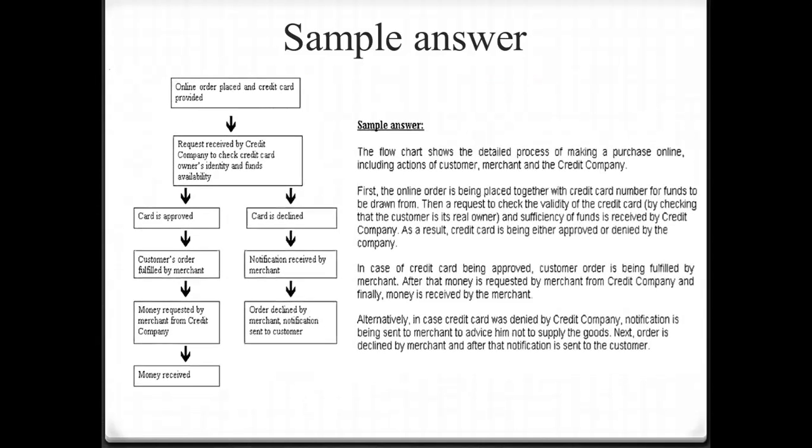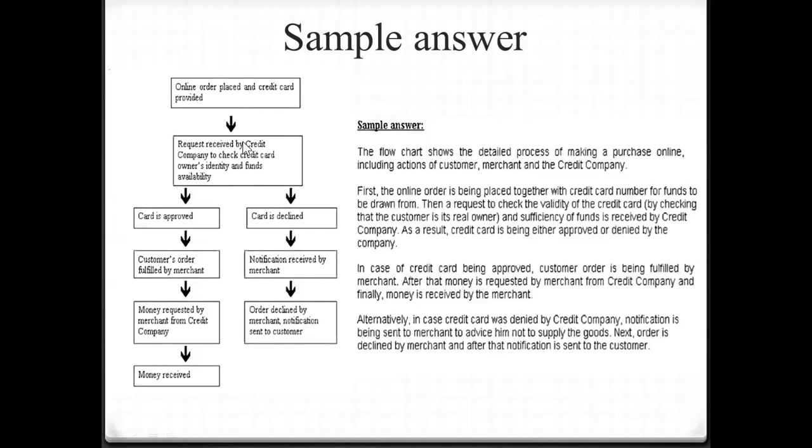So we have an example here. Okay? As you can see, the process goes by as online order placed and credit card provided. And then we have requests received by credit companies to check credit card owners' identity and funds.